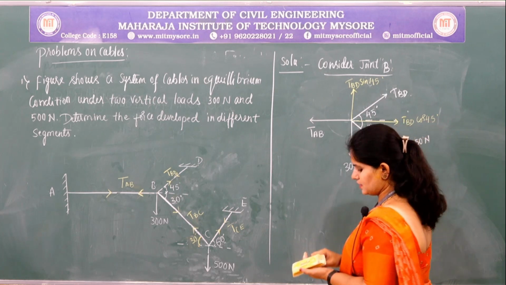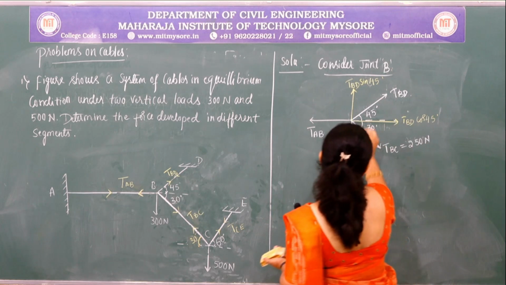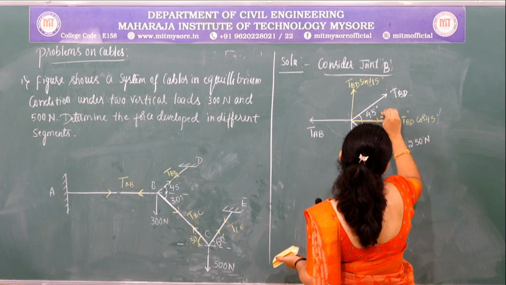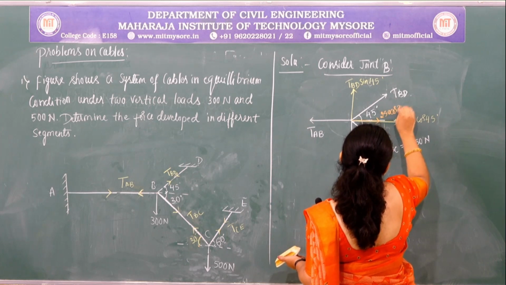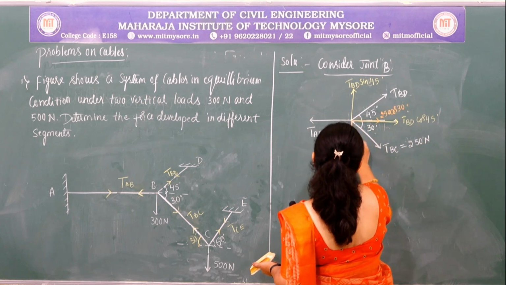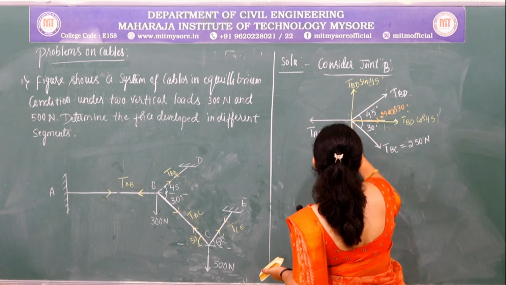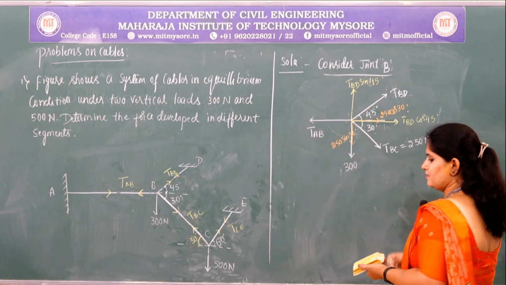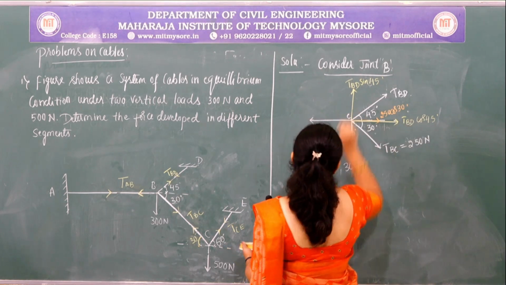And there is another force in the fourth quadrant. On resolving, we are going to get the x component as 250 cos 30 and vertical component as 250 sine 30.